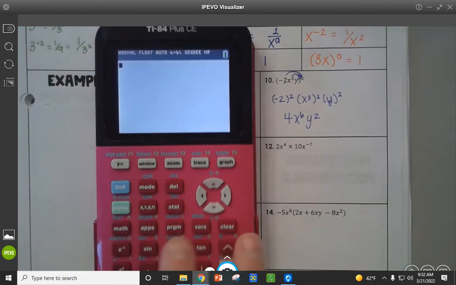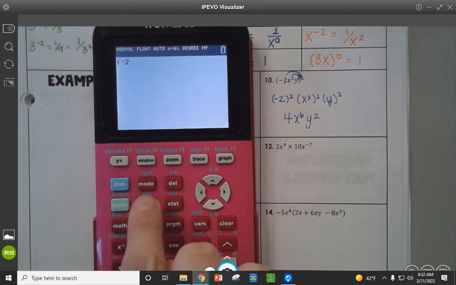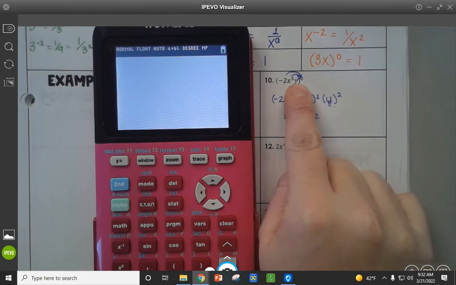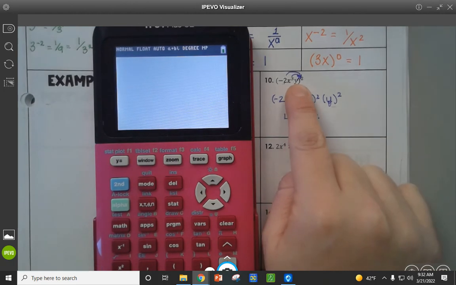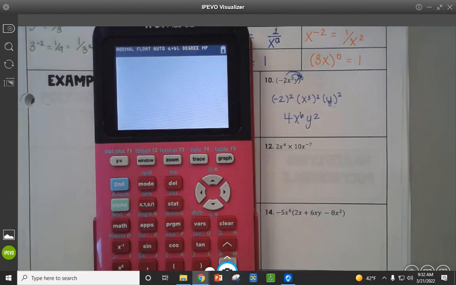So if we want to check, we have two variables, so I need to store a number for y. So let's just do 3. Store, and then I'm going to get my y. And I already had that x stored, I can just leave it.